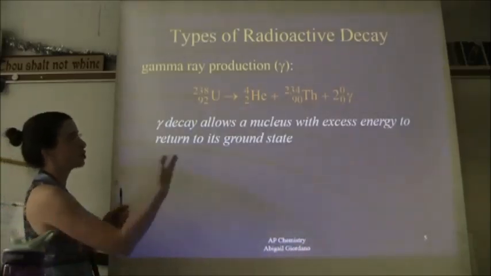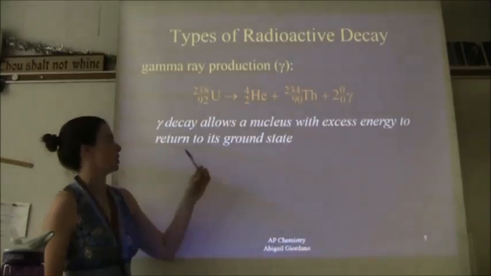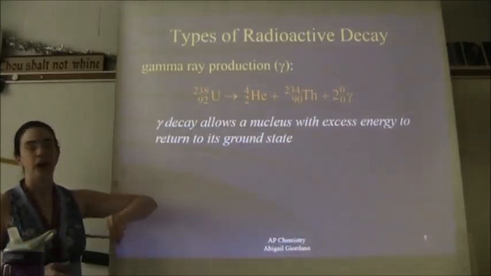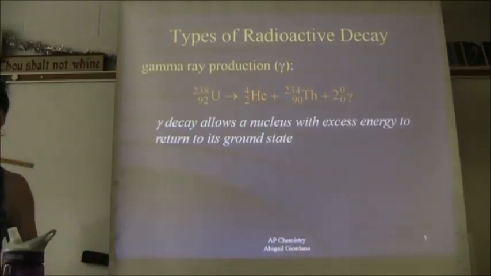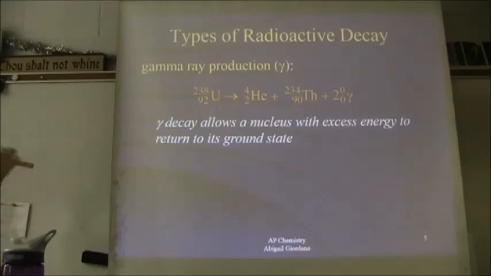All right, but it's just a release of excess energy to return your element, your atom, back to ground state, the lowest energy form. Okay? So those 3 types of radiation, all of you should have learned in Chem 1.